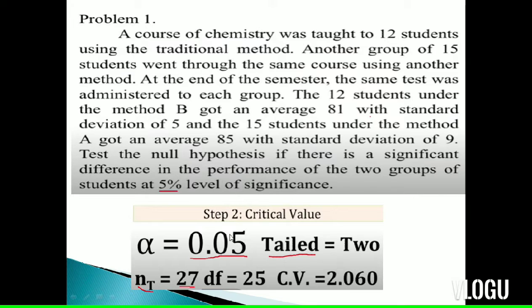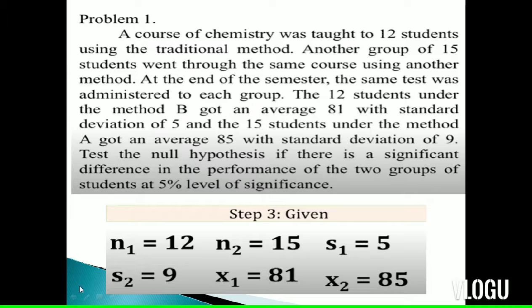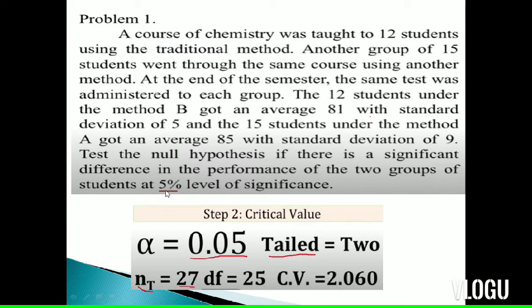So for step 2, critical value. So pag-determine sa critical value, alpha is equal to 0.05. Basta mo-give, diri ni sa 5% level of significance. 5% times 100 is equal to 0.05.